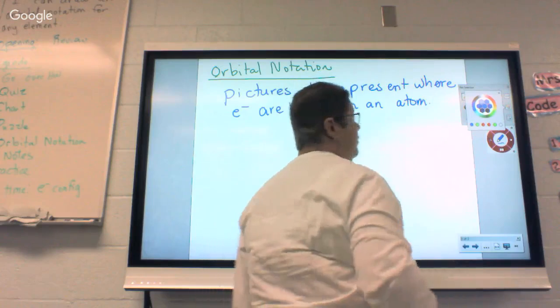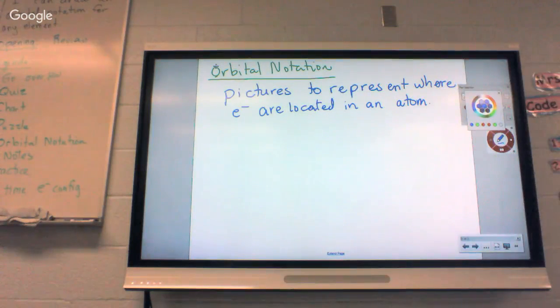Because remember, the point of the quantum numbers is that they are an address for electrons in an atom, right? The quantum numbers are the address for an electron. So an orbital notation is going to be a picture to show where the electrons live in an atom.